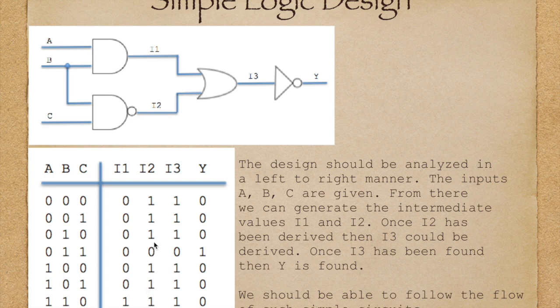Every other case, I2 is a 1. Now we have a simple OR gate, so now we can look for each row in our truth table, and we say if I1 is a 1 or I2 is a 1, I3 will be a 1. So here I2 is a 1, same. Here I1 is a 1.